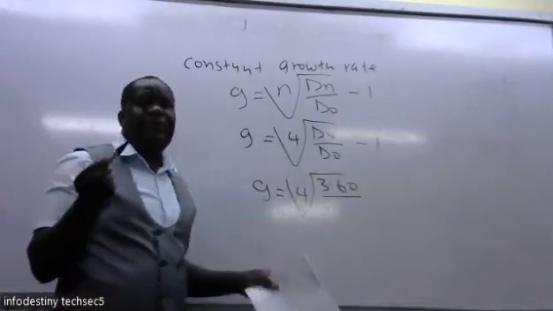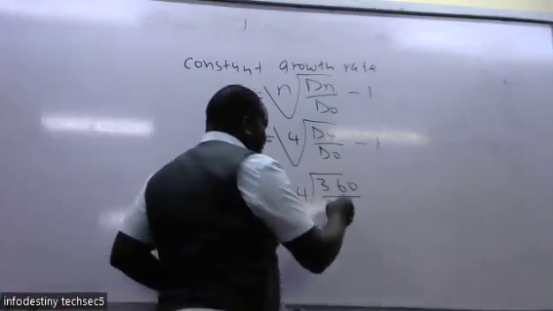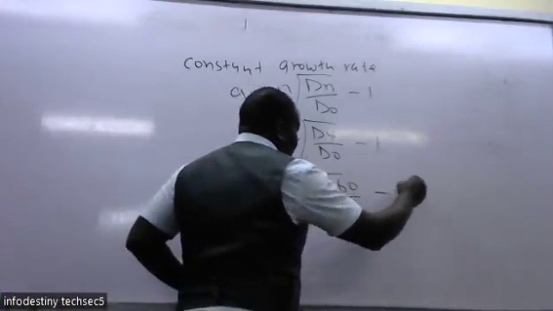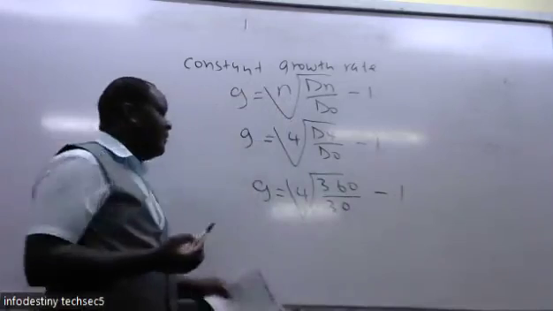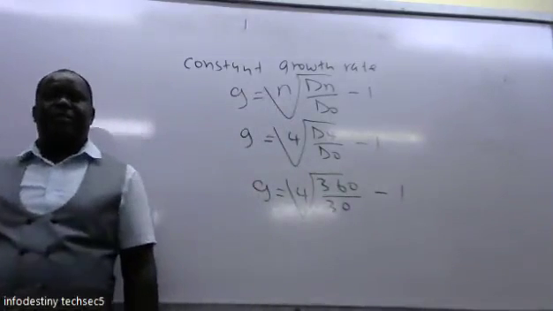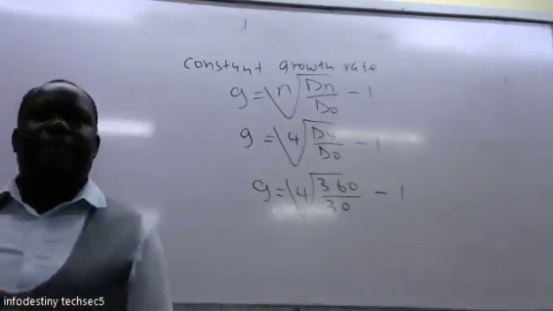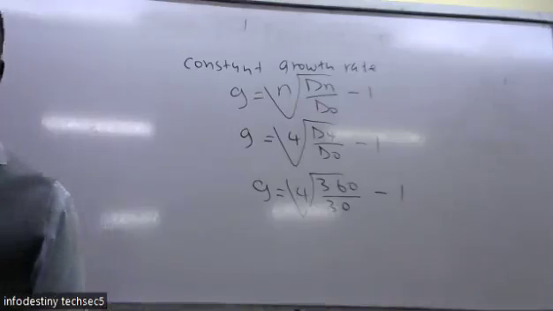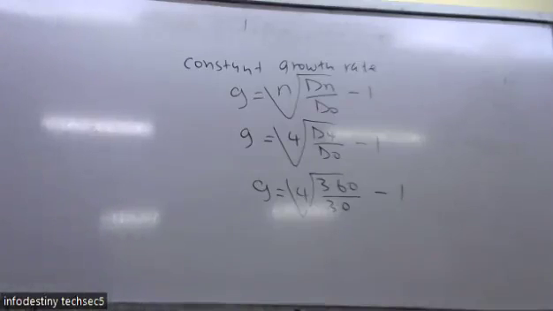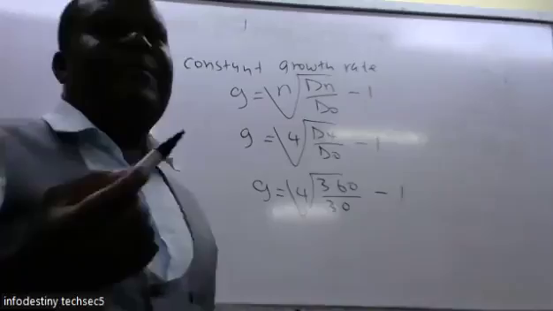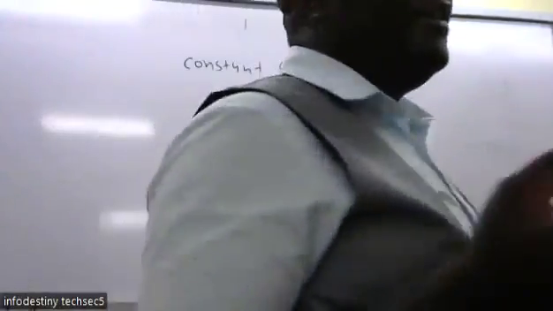They gave you 3. So now we shall subtract 1. That should give us the constant. After calculating, we shall express it as a percentage.